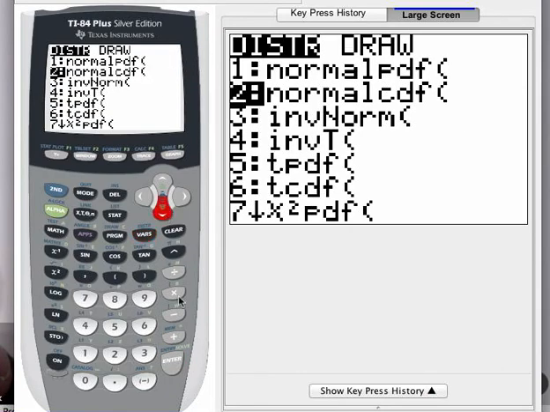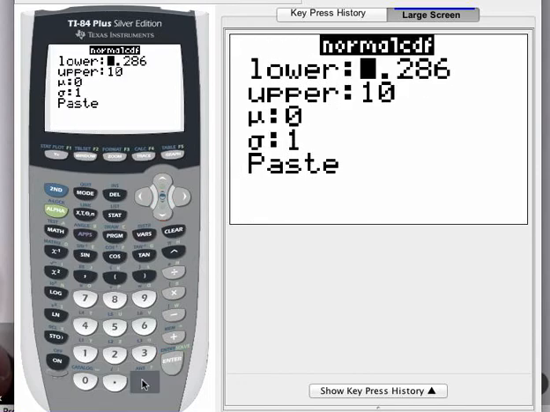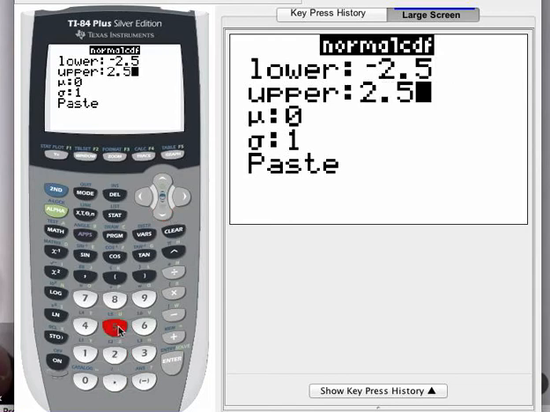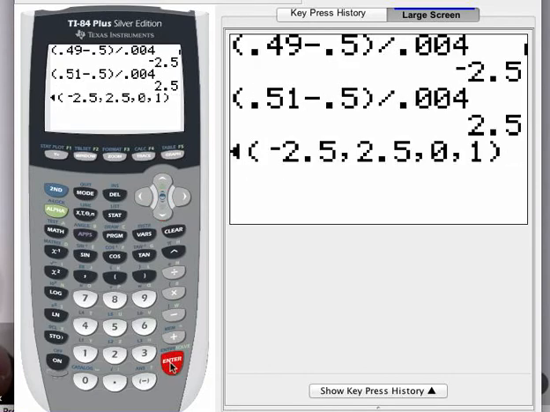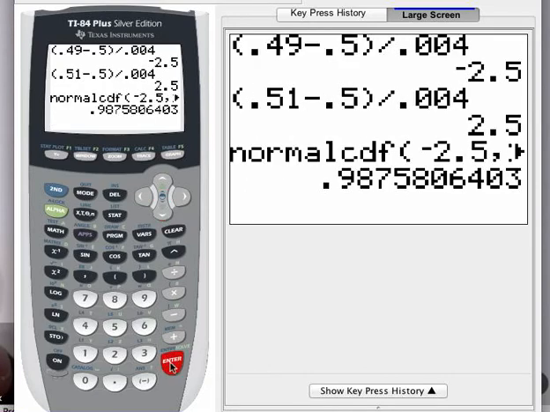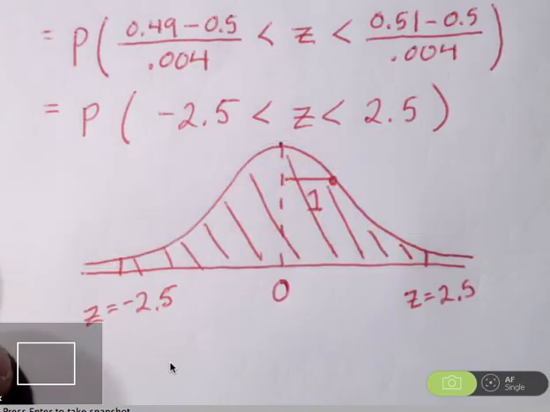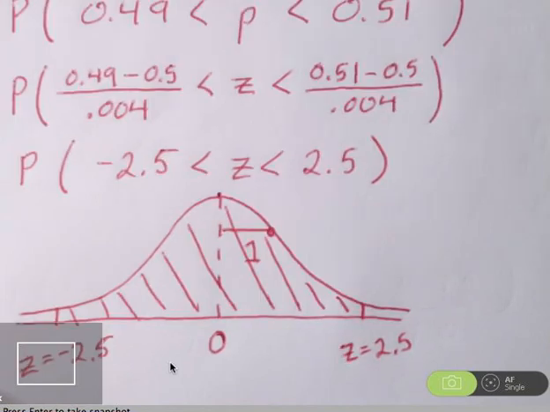Normal CDF is the second option. My lower boundary is negative 2.5 and the upper boundary is positive 2.5. This should give us, of course, a very large probability, a large likelihood. That's what we would expect. So let's call it 0.988.